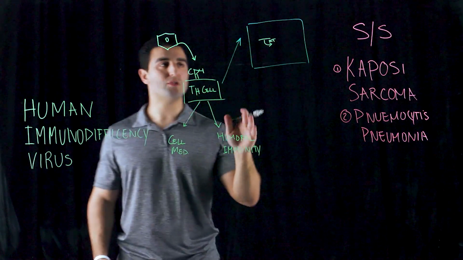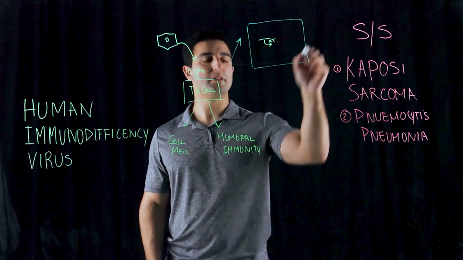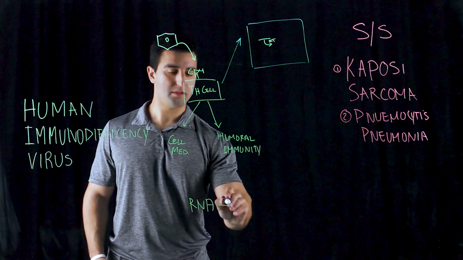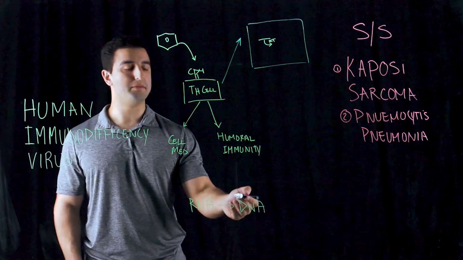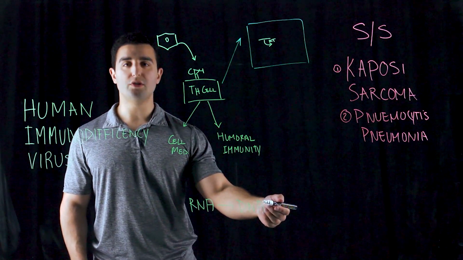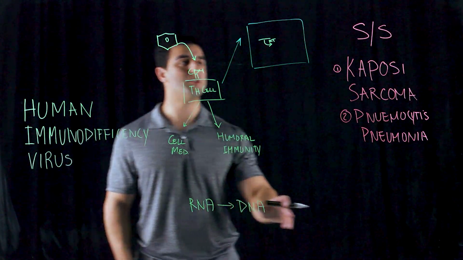Reverse transcriptase is an enzyme that converts RNA back to DNA. So this is RNA to DNA. The central dogma of molecular biology, transcription and translation, is DNA goes to RNA. So this is the opposite. This goes against the central dogma.